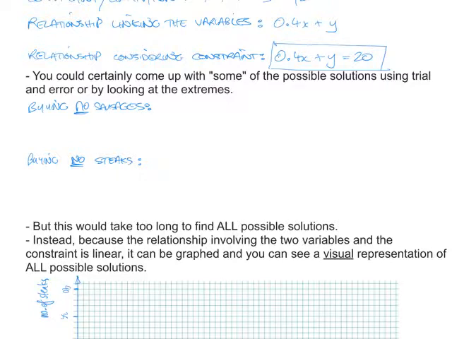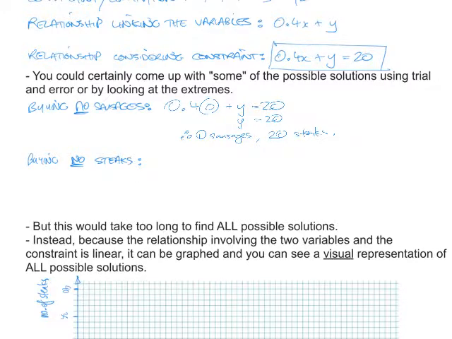So in that case, 0.4 times 0 sausages plus y is equal to 20. 0.4 times 0 is 0, plus y is equal to 20. Therefore, if I bought 0 sausages, 20 steaks could be bought.